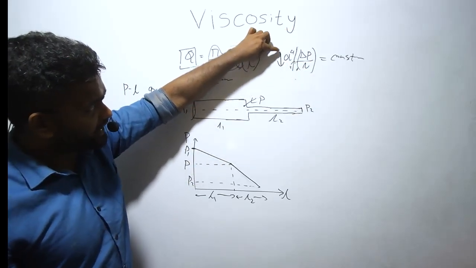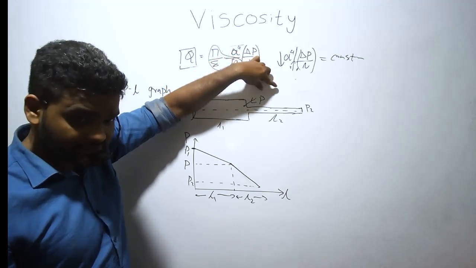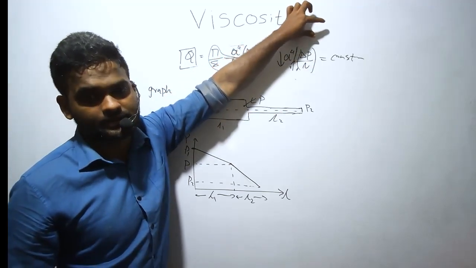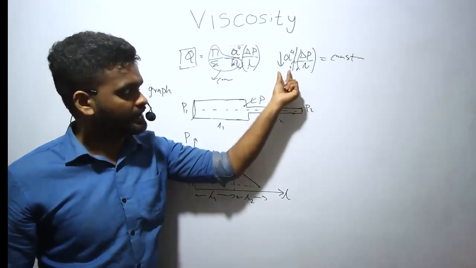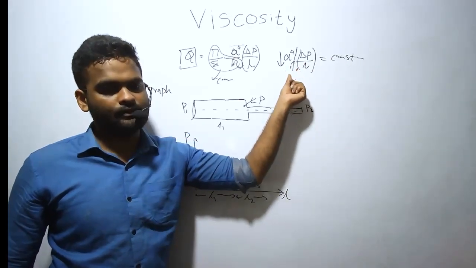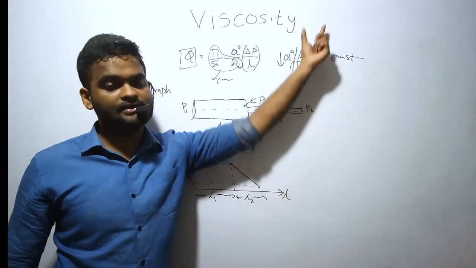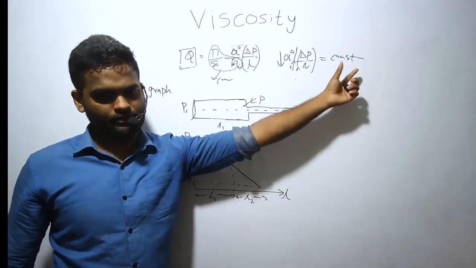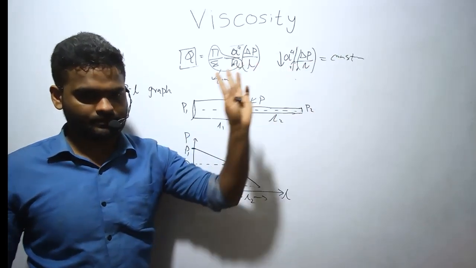That's why when the radius increases, pressure gradient decreases. When radius decreases, pressure gradient increases. I think you understand. In order to keep this a constant, that should happen, right? When the radius decreases, pressure gradient has to increase in order to keep this constant. That is the first thing.